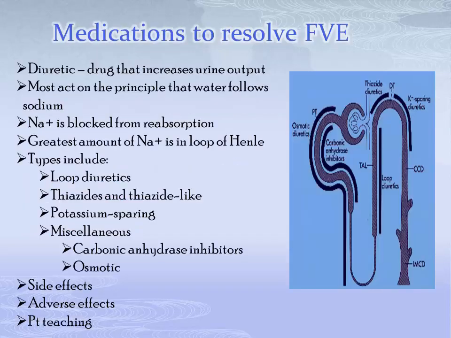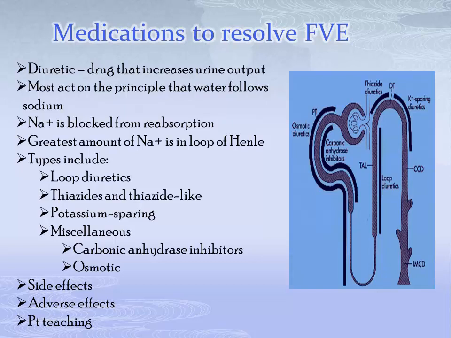And then frequently what we do for fluid volume excess is to give medications. And typically we're going to give diuretics. And your diuretics are medications that increase output. And they work in the kidneys at the tubular level.